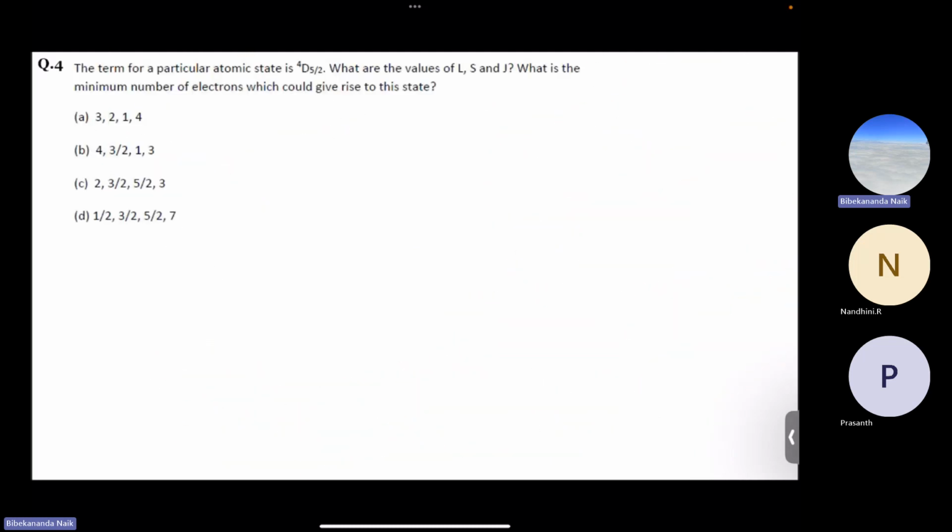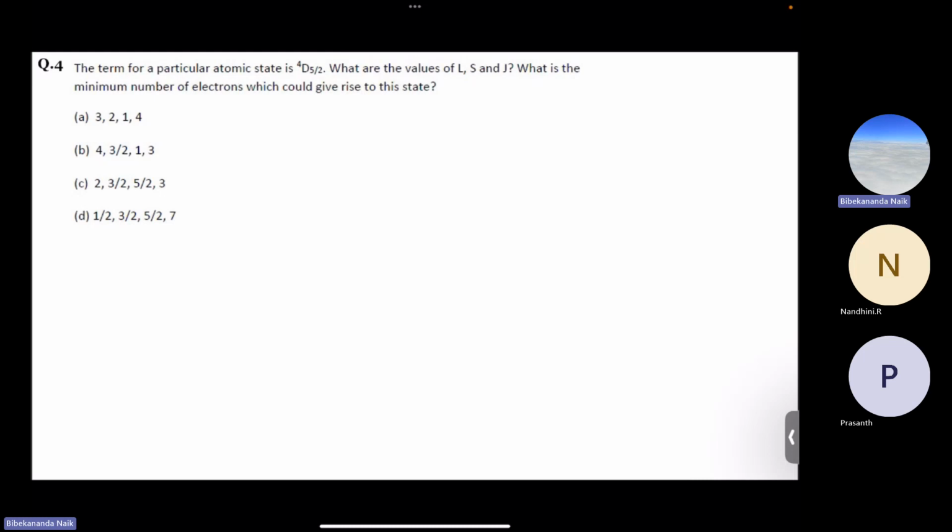So this is clear to all of you. Then the next question, question 4. The term for a particular atomic state is 4D 5 by 2. What are the values of L, S and J? What is the minimum number of electrons which could give rise to this state?